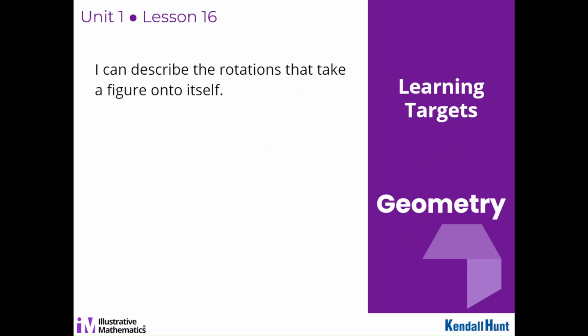All right, let's review the learning target for lesson 16. On this one, it said that you can describe the rotations that take a figure onto itself. So if you think back to the problems that we did, what this is talking about is how do we rotate? Do we do it clockwise, counterclockwise? How many degrees do we do it?